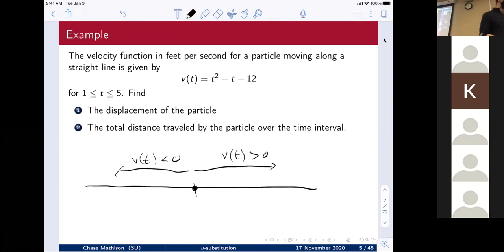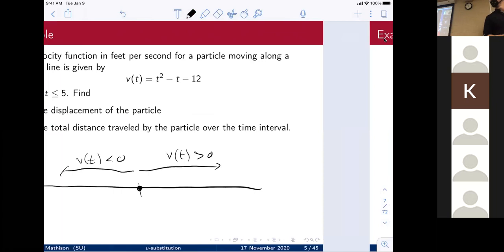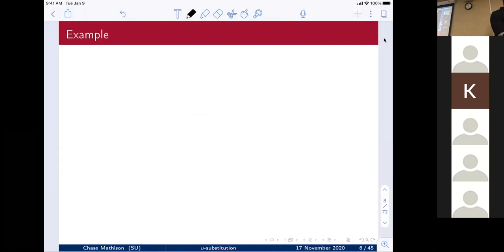All right, so there's a displacement of a particle. How do I find the displacement of a particle given its velocity? Yeah, the integral.